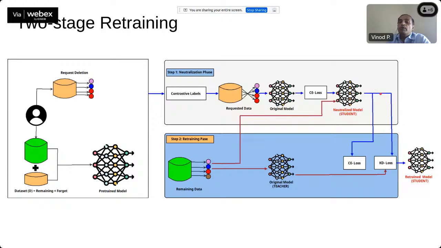Now, our job here will be to minimize the difference between the soft labels that we got from this neutralized model, which we now call the student model, and from the teacher model. Which means that we want to minimize the distillation loss or the KL divergence between the output of the student and teacher. But at the same time, all the retained set samples had their true label.